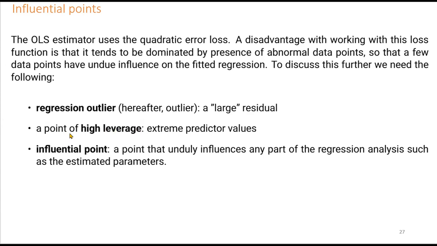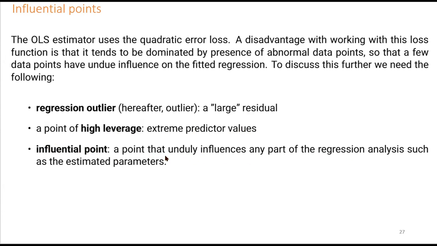And then we'll define what we mean by a high leverage point, and that is an extreme predictor value or values. An influential point is a point that has considerable effects, maybe more than it should compared to the other observations.